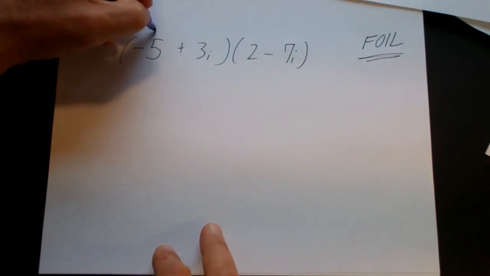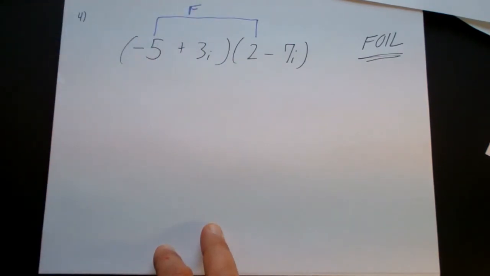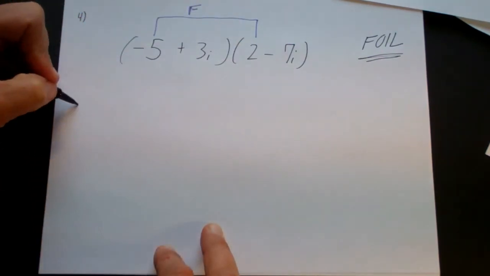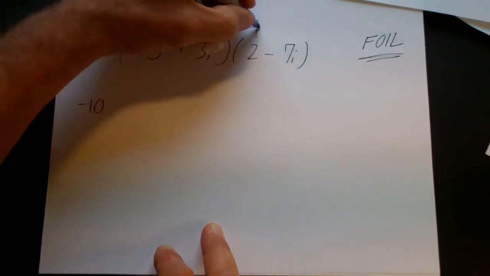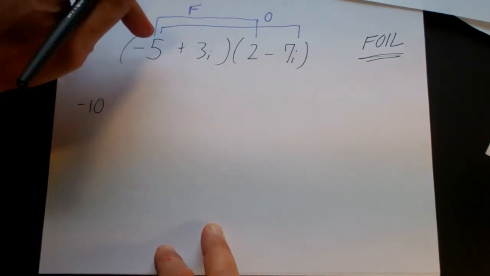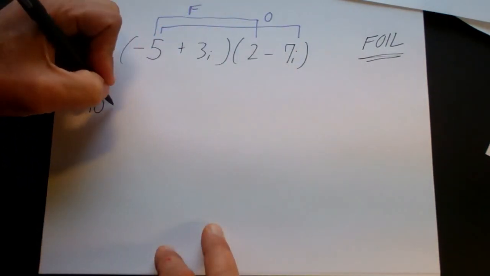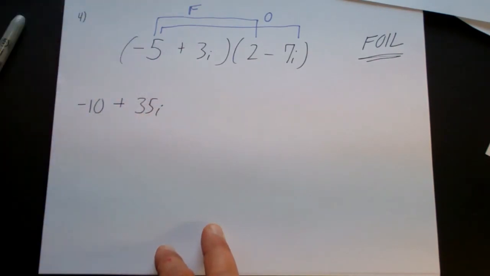If you do it the FOIL method, F stands for first, so that's first times first. That's minus 5 times 2, which is a minus 10. And then you have O. O is outside. So you have minus 5 times a minus 7i, which is a positive 35i.